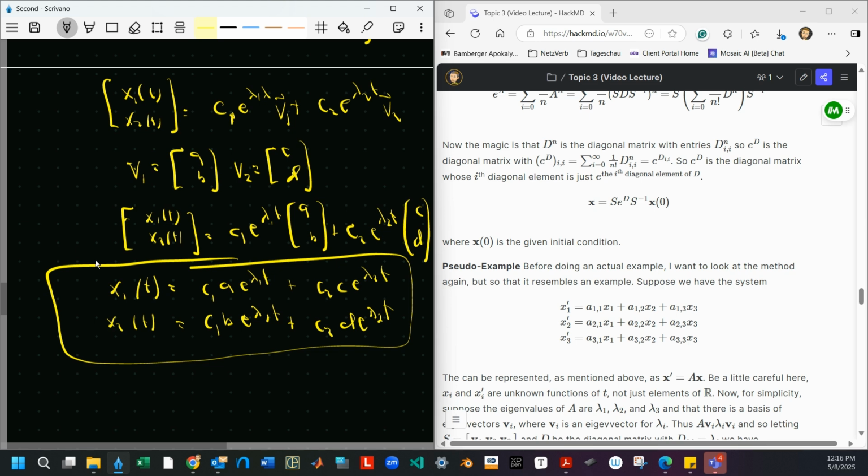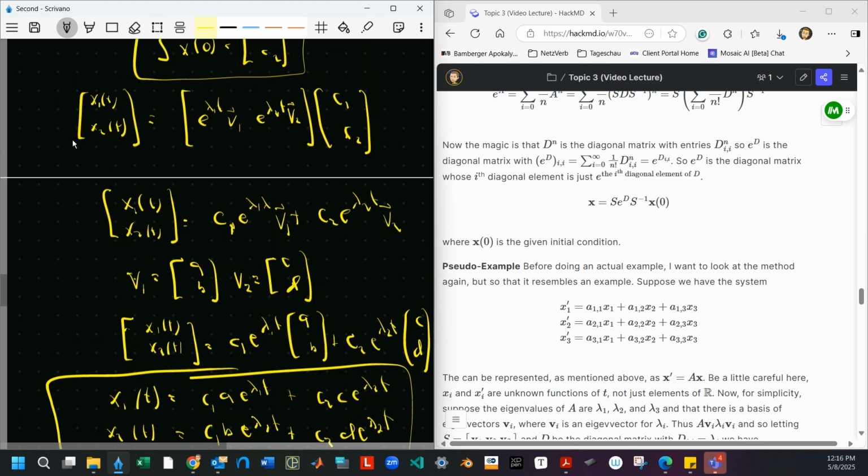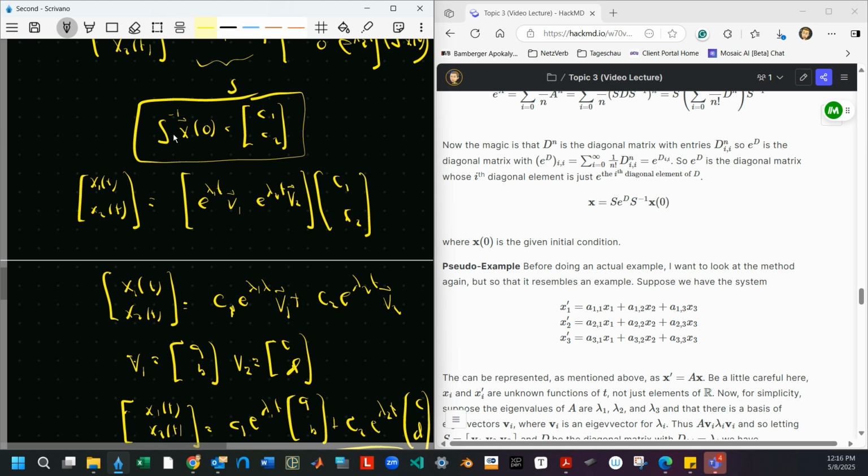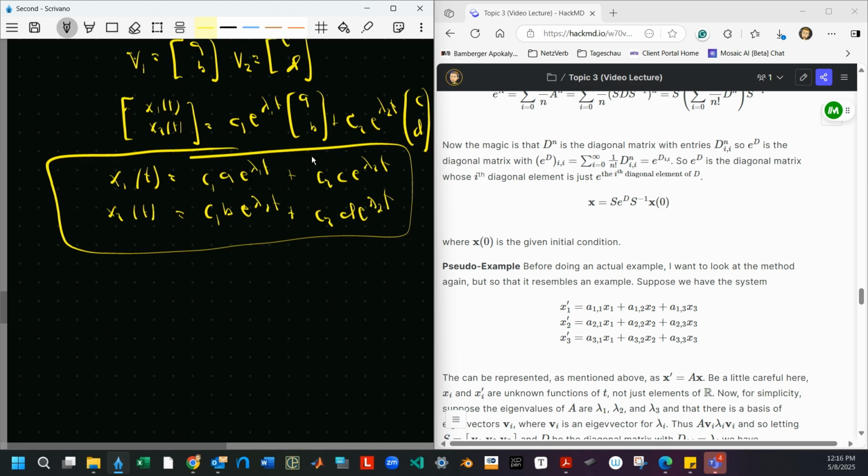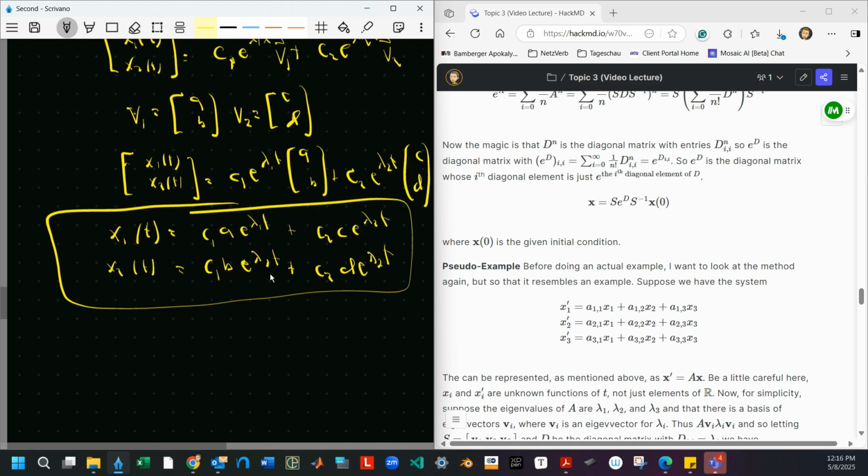Now here's one little thing when you're actually doing a problem. There are two ways to deal with these c1, c2. One is to just calculate it. We know S, so we know S inverse, so we can just calculate this thing. That's one option. Another option would be to plug in 0 here and leave c1 and c2 as variables that we don't know yet.